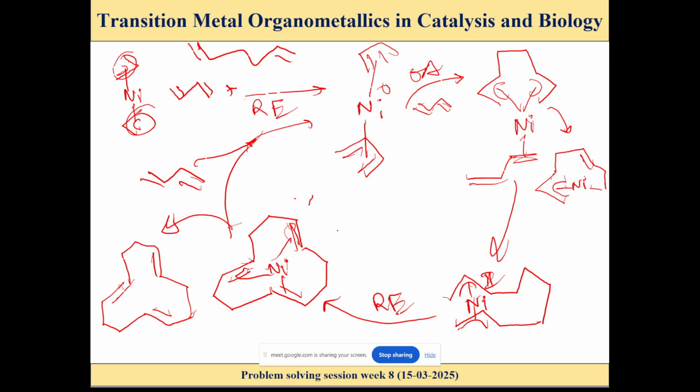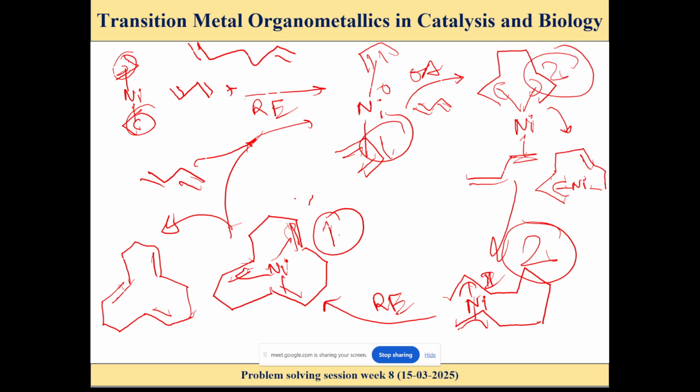So here one intermediate is nickel 0, and here one intermediate is nickel 0. And this intermediate is nickel in +2 oxidation state. So here also, after oxidative addition, this one is also in +2 oxidation state. So let me change the color.